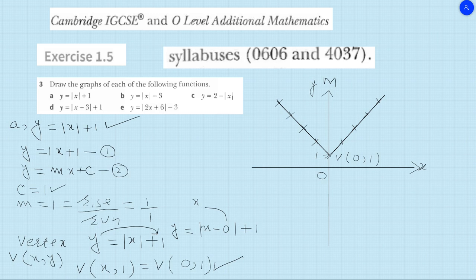Here we go. This is the final answer. Hope you completely understand how to draw the graph of an absolute valued function.